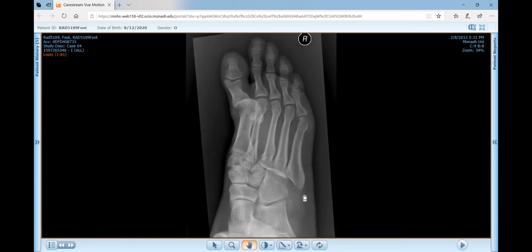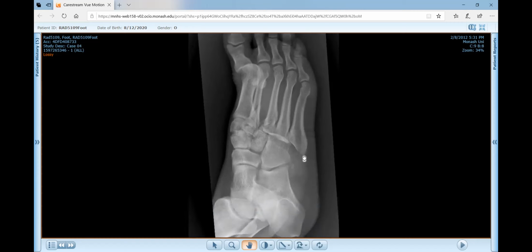And this is, of course, very typical of a Lisfranc fracture dislocation. So very important that you view the alignment on this case. This is something that can be missed if you do not particularly look for alignment issues.